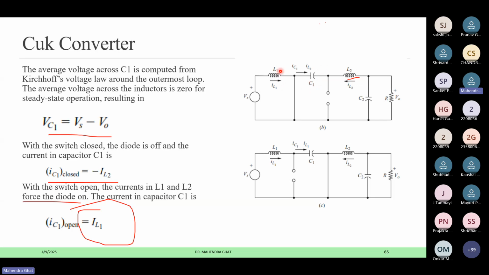In on time you are charging the inductor, and in off time you are discharging it, so whatever energy is charged, that much energy you take. So over the cycle, charge and discharge is equal to zero. They are not supplying any power.